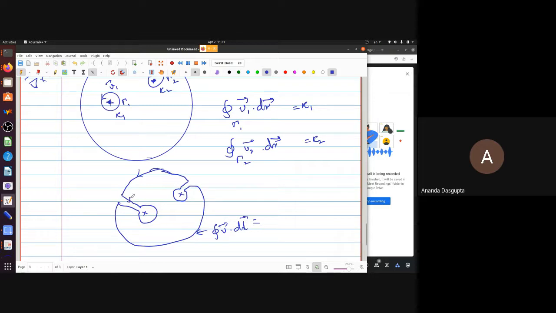You're going like this, right? How much is the circulation along this new contour? Come on. What is curl of V everywhere inside this contour?